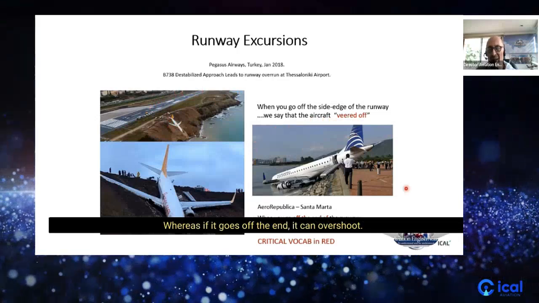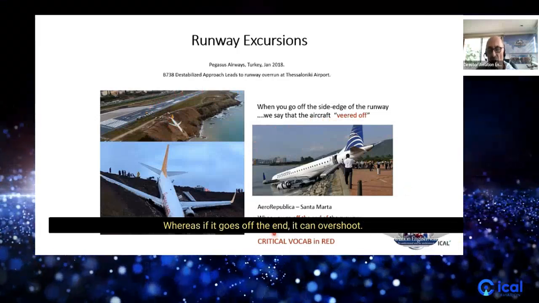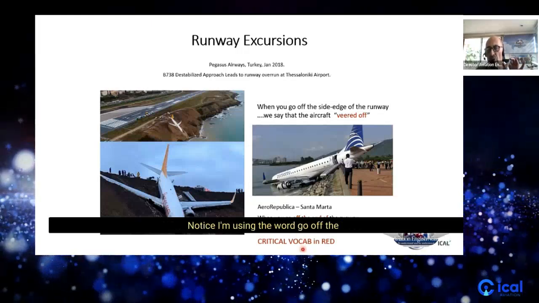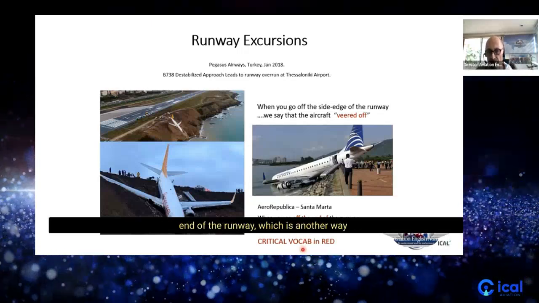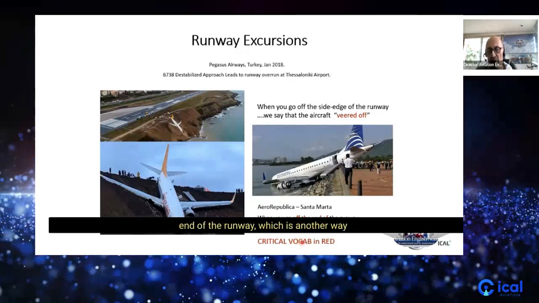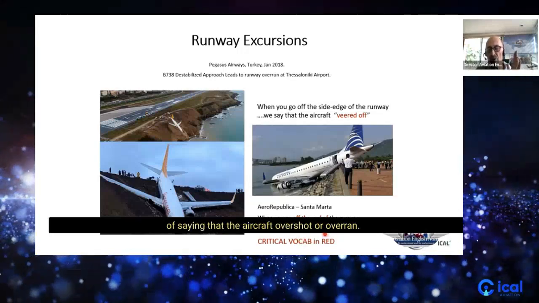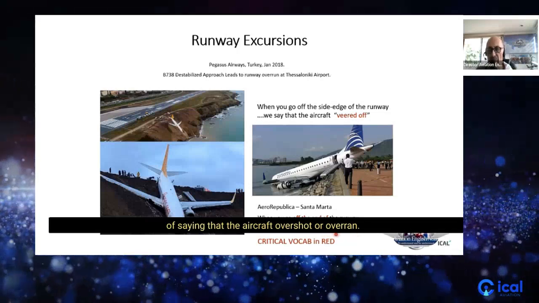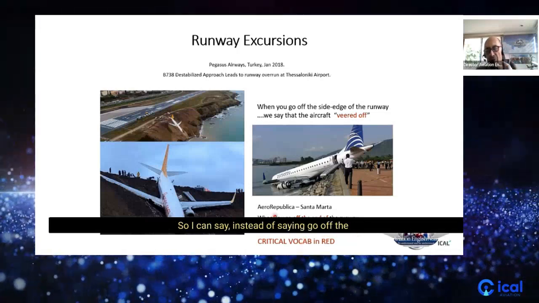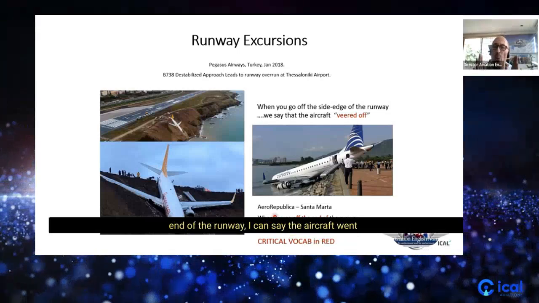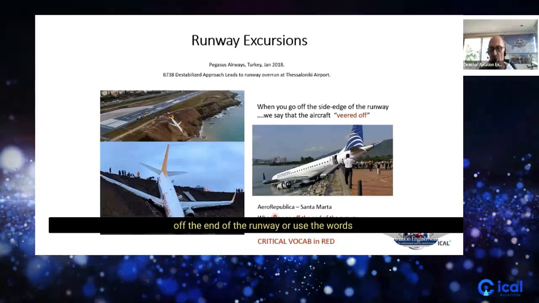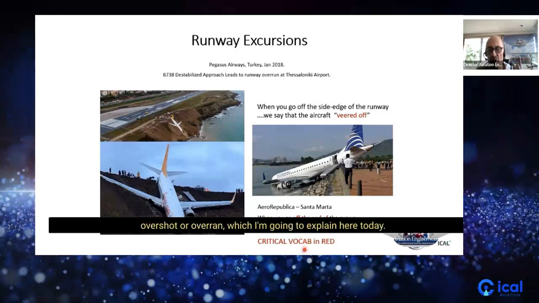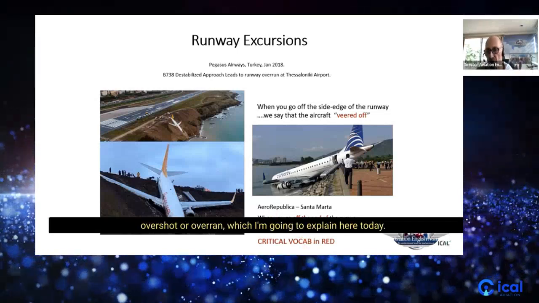Whereas if it goes off the end, it can overshoot. Notice I'm using the words go off the end of the runway, which is another way of saying that the aircraft overshot or overran. So instead of saying go off the end of the runway, I can say the aircraft went off the end of the runway, or use the words overshot or overran, which I'm going to explain here today.